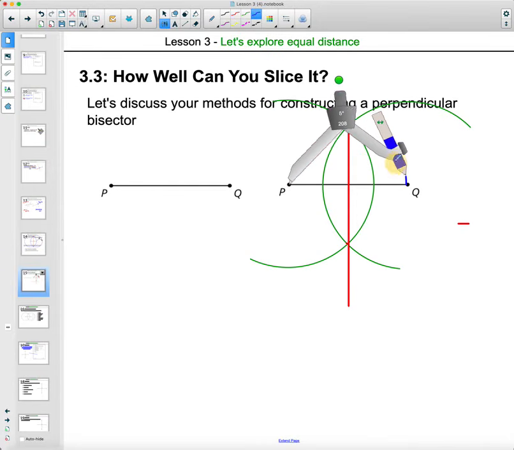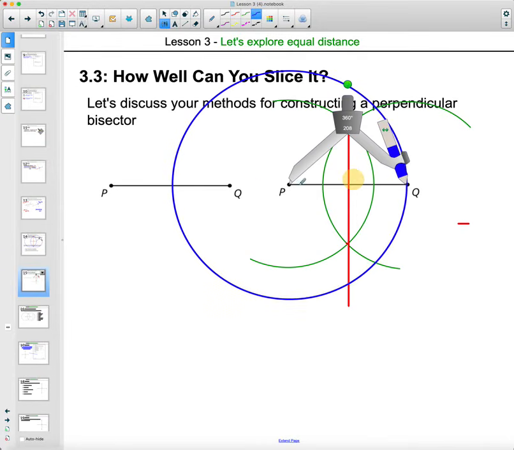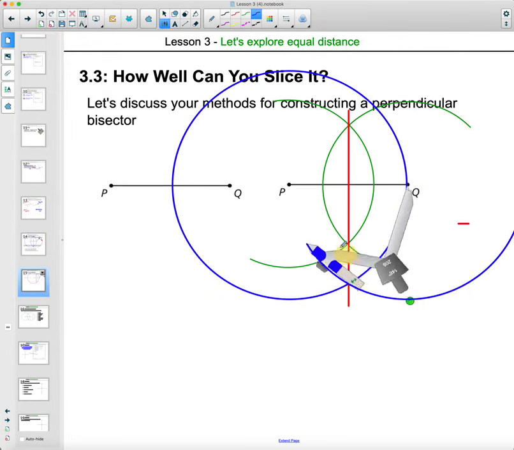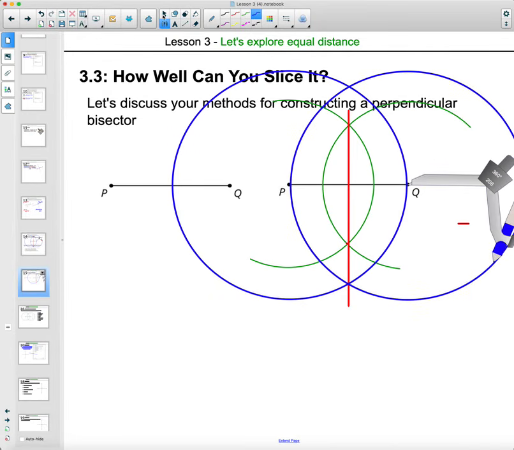So opened to PQ, draw around P, opened to PQ, draw around Q. And if I extend this a little bit here, notice that it still goes through those two intersections. So we get the exact same line, even if you only open it just over halfway.